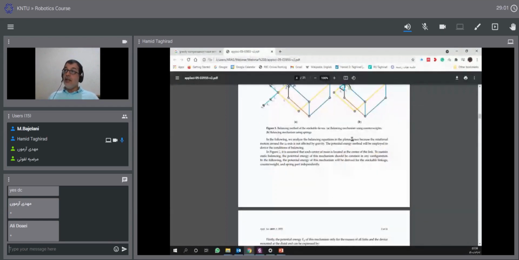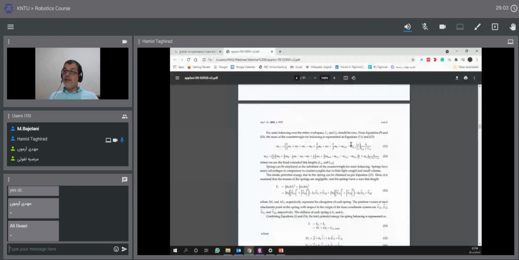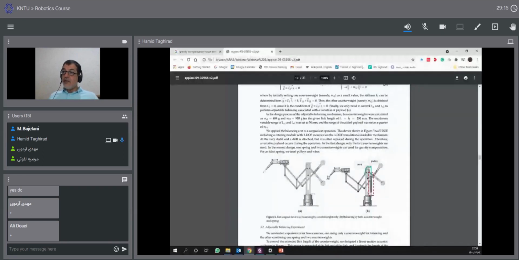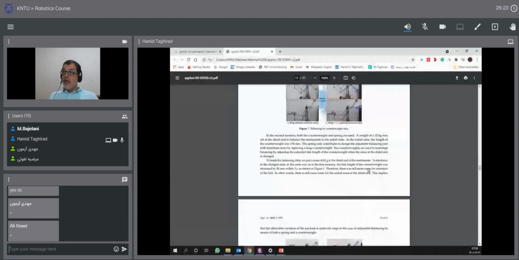In this paper, it looks at different ways, or the effect that this can cause in the system. And this is a real one. You see that you have a counterweight in here, and you can also have some wires and springs coming into the system to counterweight for that.